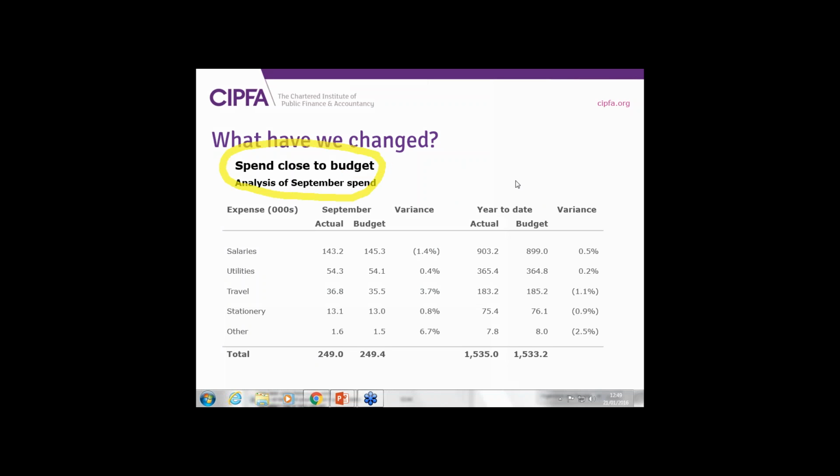But the top one, Spend Close to Budget, is what we would call a leading title. So it's telling the reader what it is that we think they should take away from this chart, because then we know that when they look at the numbers, that's the information they're pulling out. So a leading and literal title is going to be useful for the reader to understand what we're looking at.